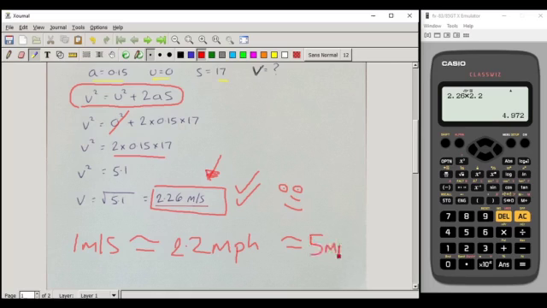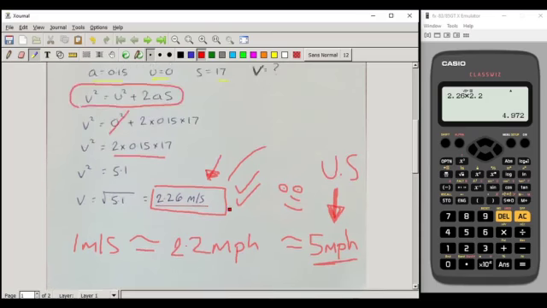Because some people may be able to picture what 5 miles an hour is like. Obviously the SI unit is meters per second, which if you're listening in America, you will know what that is. But miles per hour might be for our US viewers.